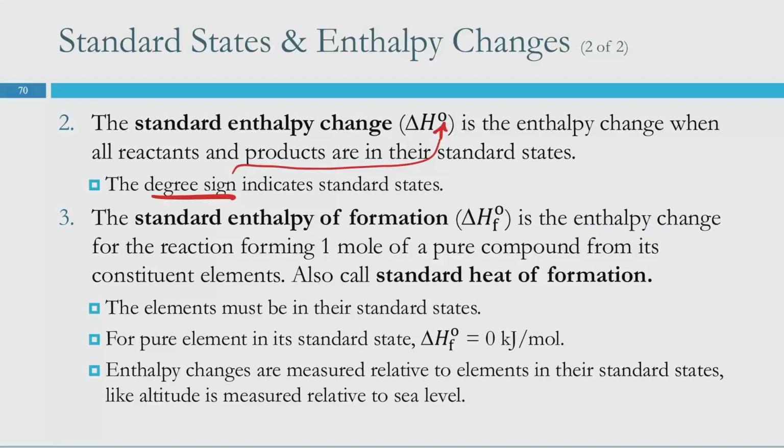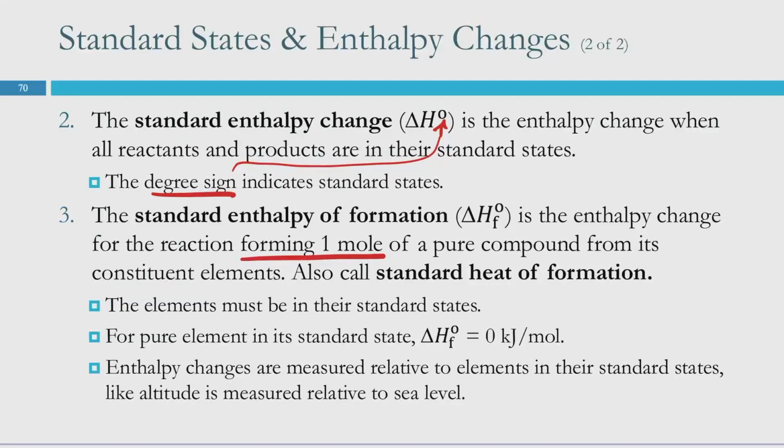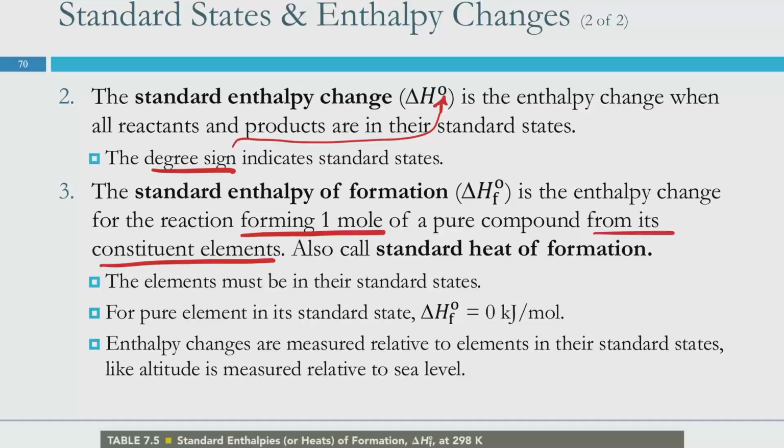This is the enthalpy change for the reaction forming 1 mole from its constituent elements. We can also call this the standard heat of formation, where H here might stand for heat.